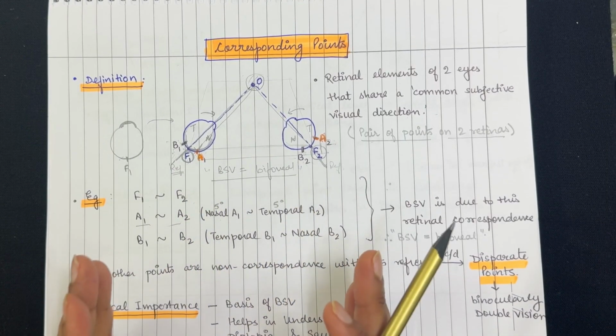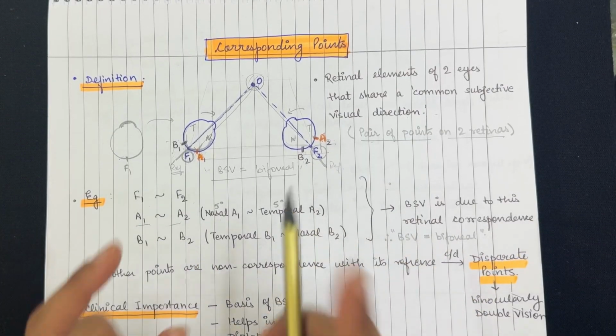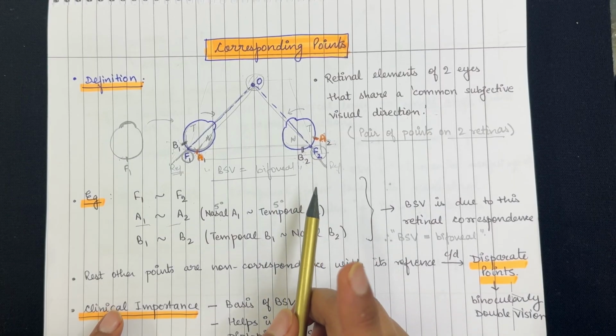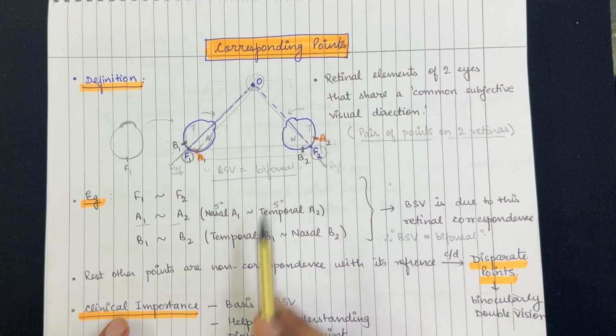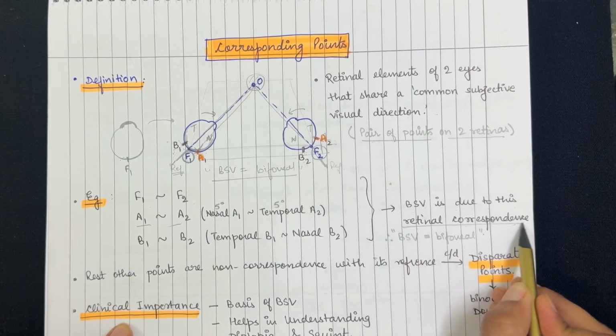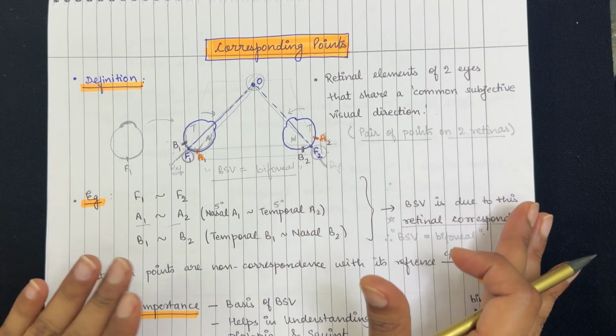An image falling on corresponding points gives rise to a single mental impression. So binocular single vision is due to retinal correspondence. You remember this line also. I hope it is clear what corresponding points are.